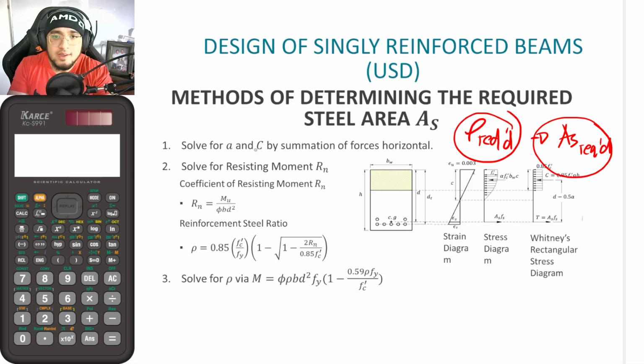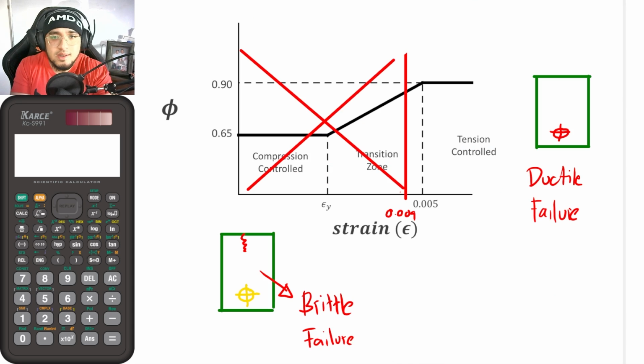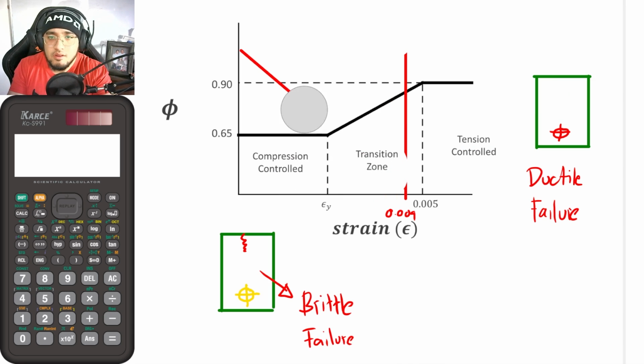So again, guys, going back here, if let's say your rho required is now greater than this rho max here, it means that the section that you are designing is already in this region.